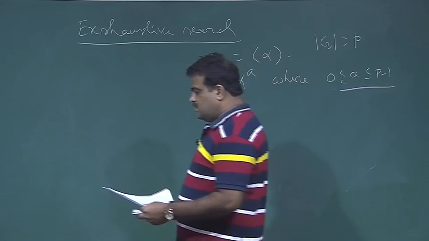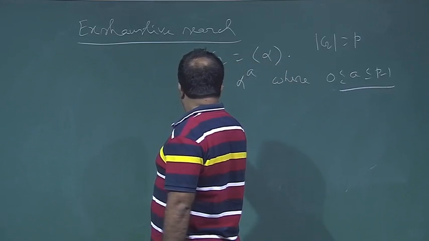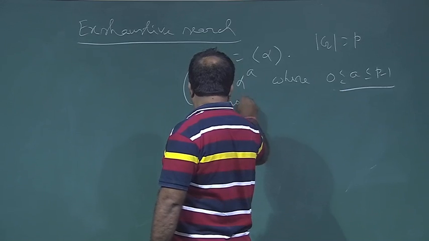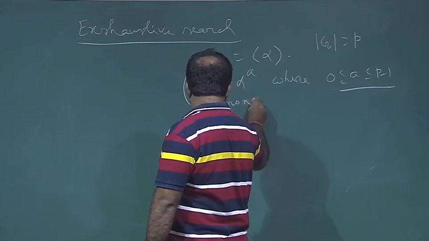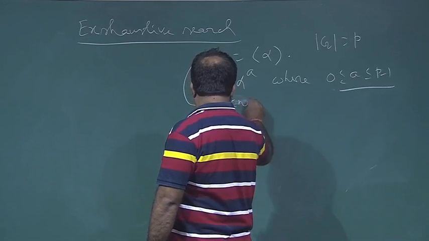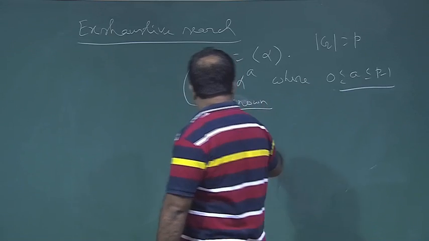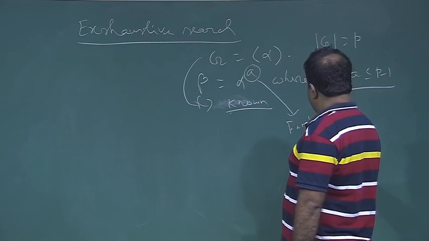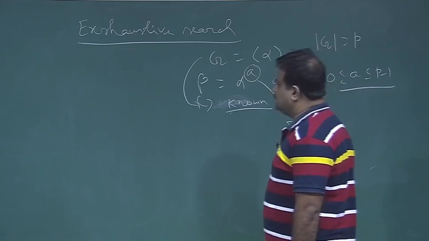Alpha and beta are known, and from here we need to find this A. That is the discrete log problem.